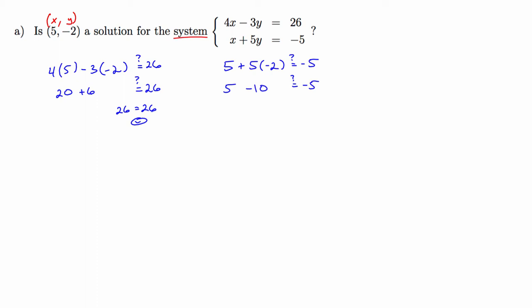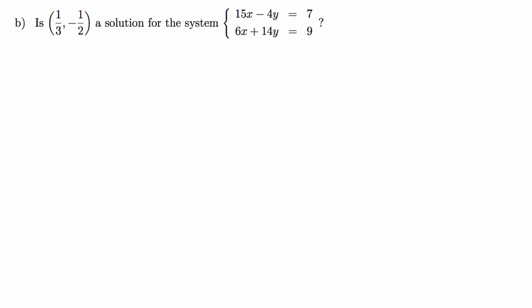And so the question is now, is 5 minus 10 equal to negative 5? Well, 5 minus 10 is equal to negative 5. So we do obtain a true statement. Negative 5 equals negative 5. Since (5, -2) is a solution for each equation in the system, we know that (5, -2) is a solution for the system itself.